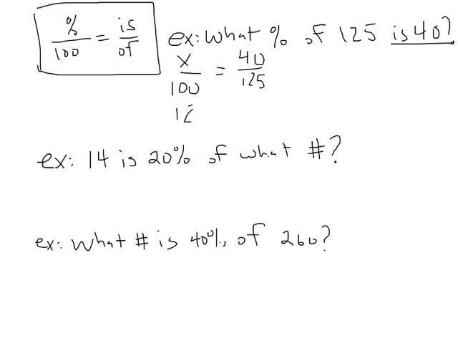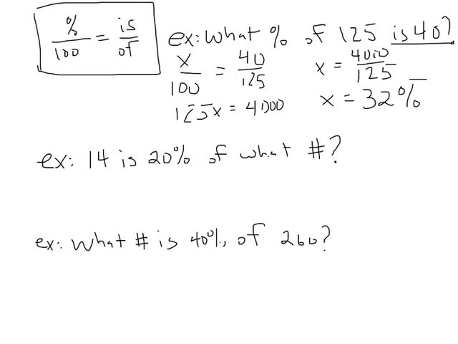So 125x equals 4,000, and then we will divide both sides by 125. This is where you may want to get out your calculator. We'll pause here, and after we type that into our calculator, we see that the answer is 32%, which makes sense. 40 seems to be about 32% of 140.